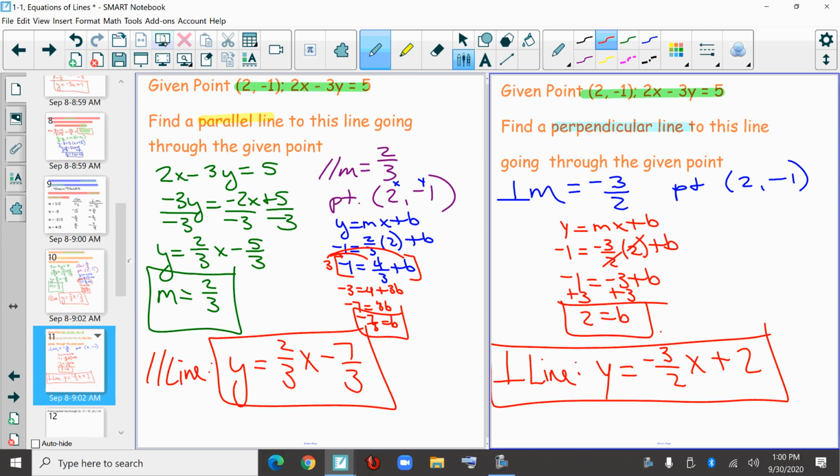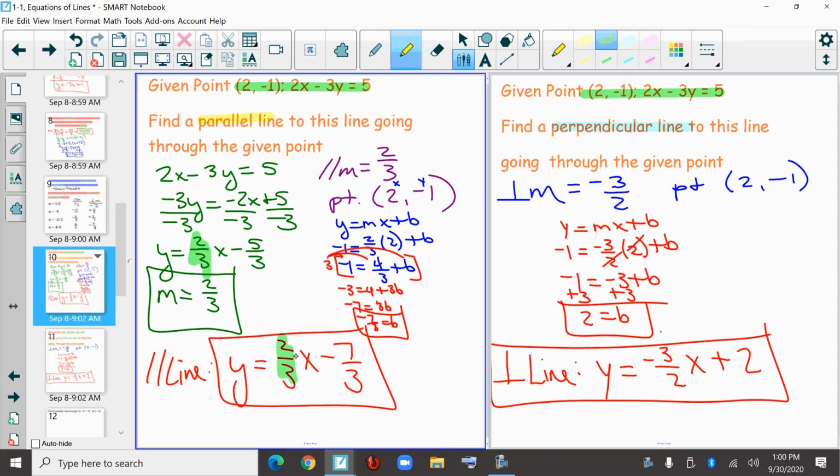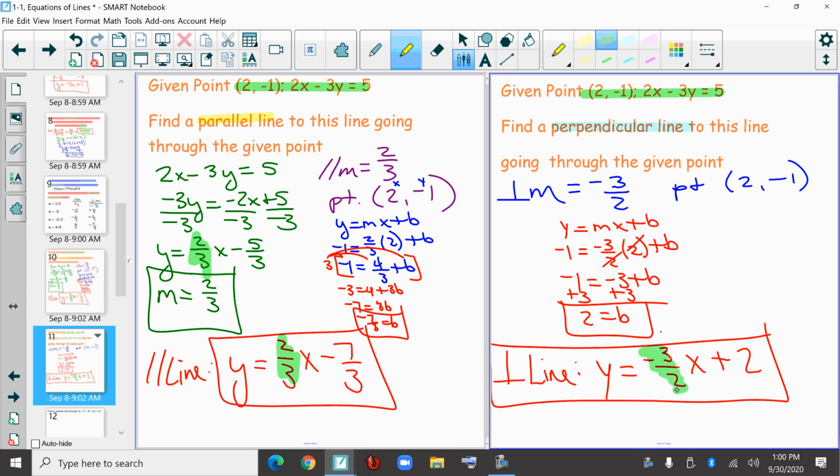So parallel and perpendicular are both done. You can see that the slopes are opposite reciprocals, which they should be. And another nice check is if you're doing the parallel, the slopes are the same. And if you're doing the perpendicular, the slopes are opposite reciprocals, which is extremely important.